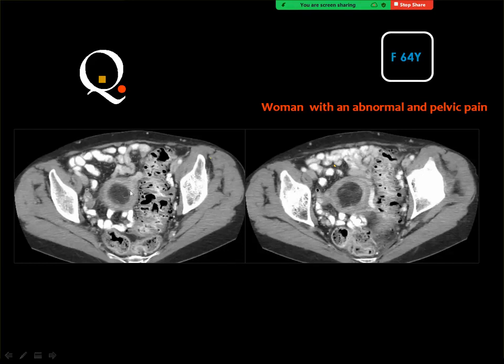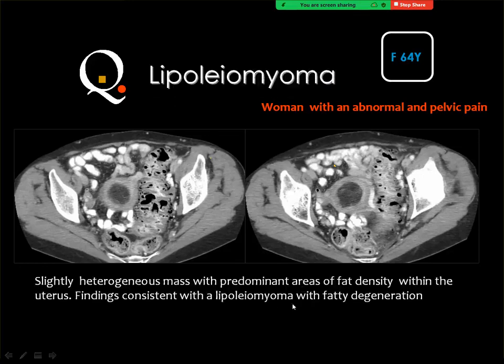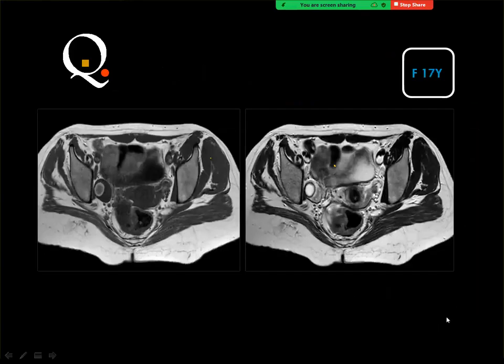And inside the uterus, you got a mass made of fat, and you know that one of the ways of degeneration in the fibroid uterus is fatty degeneration, and this is leiomyoma. Next case.